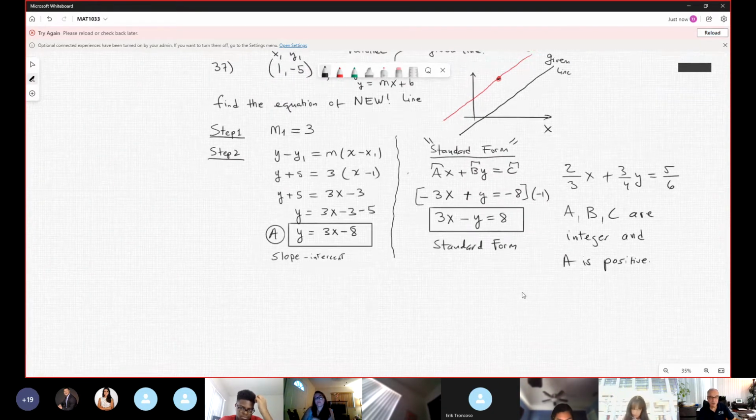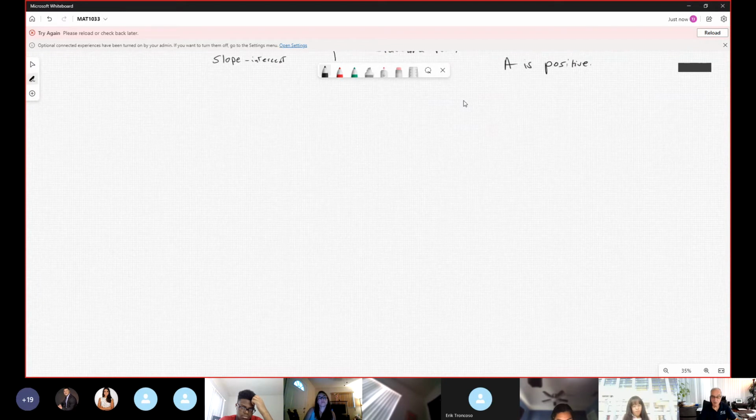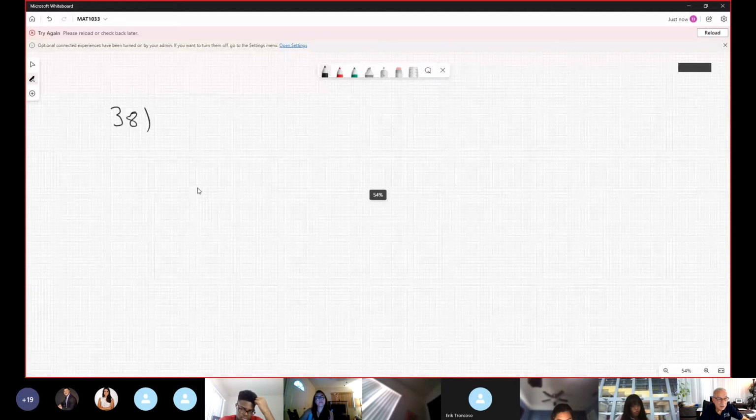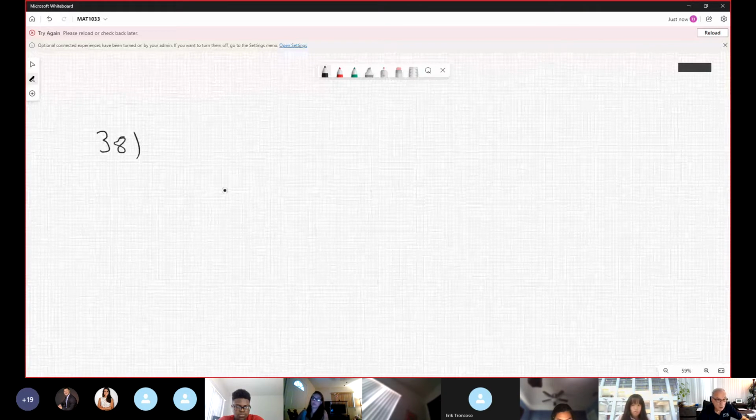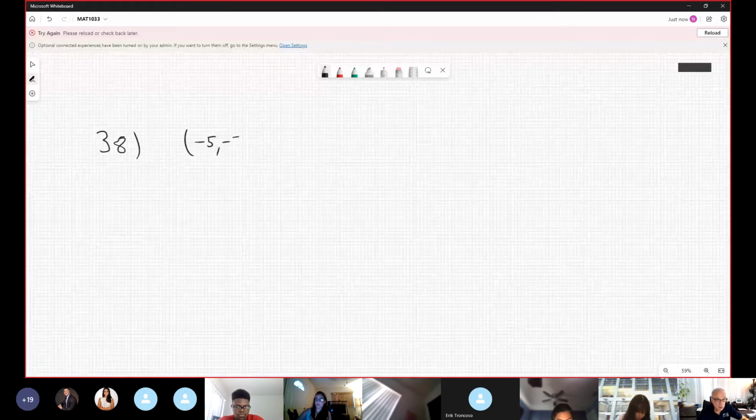Let's do number 38. Well, 38, remember, in this kind of problem, one point is given, okay, is (-5, -3), and one line is given, okay, is y = -1/2 x minus 10.